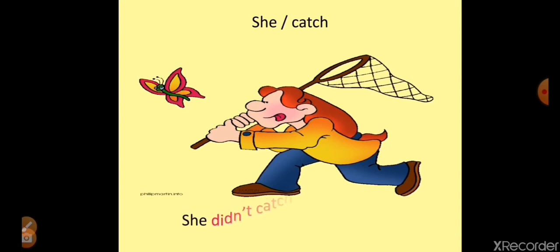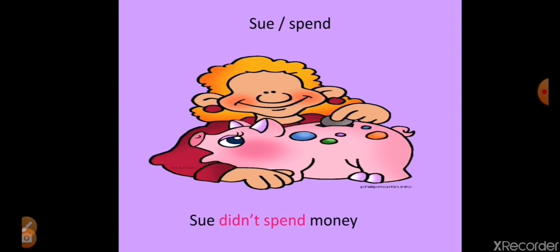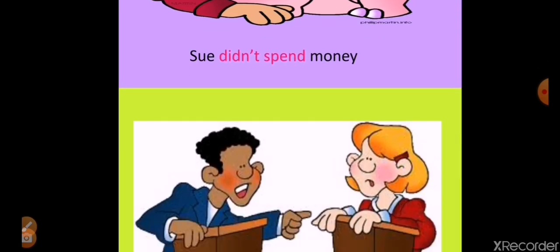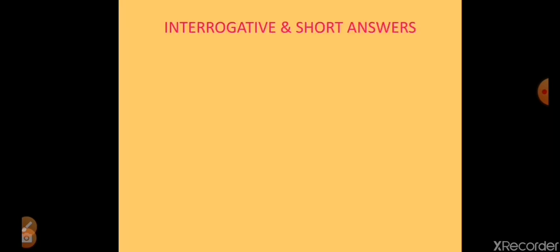In the negative, she didn't catch the butterfly. Another one, he swim. He didn't swim in the past. Now look at this picture. Sue spend. Sue didn't spend money. This picture, they agree. They didn't agree. Of course, you can say didn't or did not.